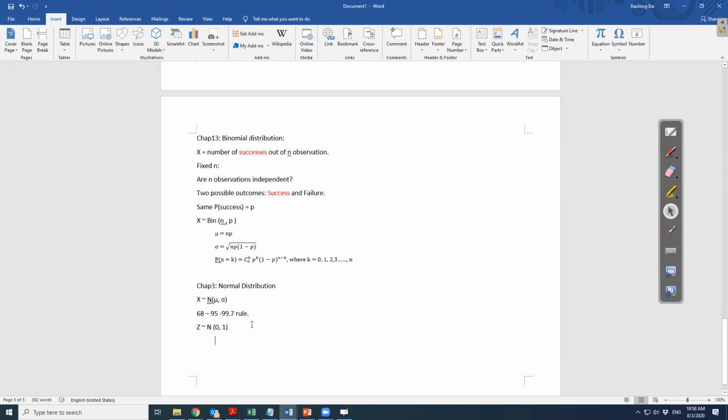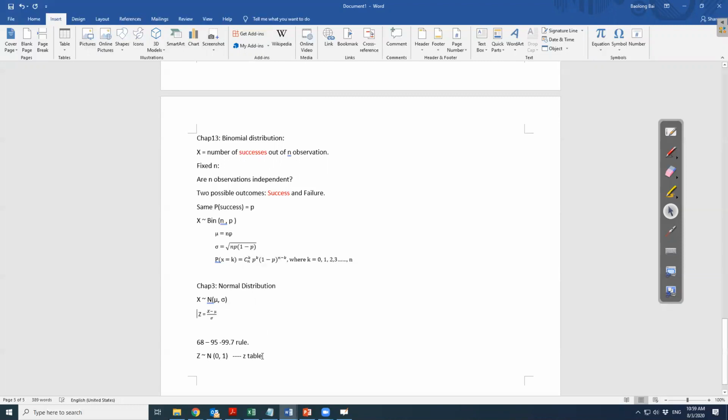Then we make a table for it, called a Z table. So you can find the probability of any normal event from the Z table. And for any other normal distribution, we can simply convert it into a Z distribution by the standardization formula, Z equals X minus mu divided by sigma, right?